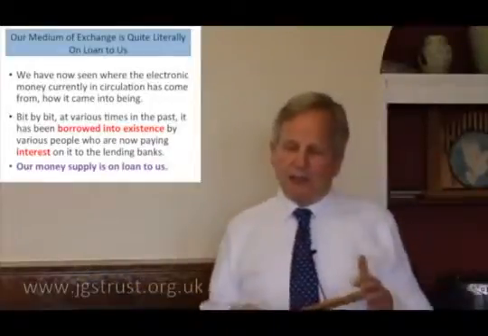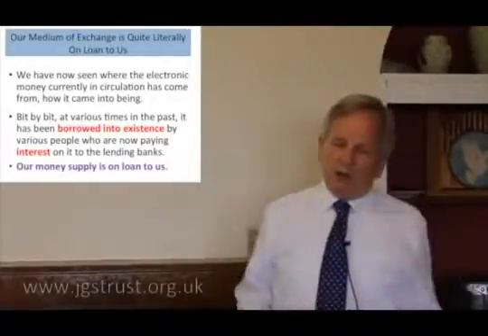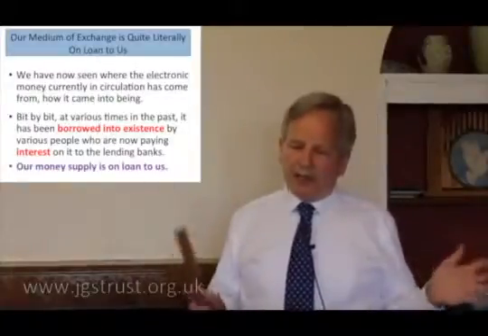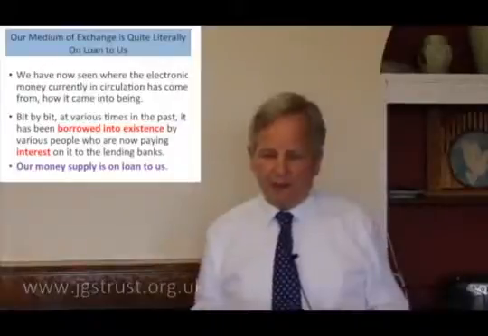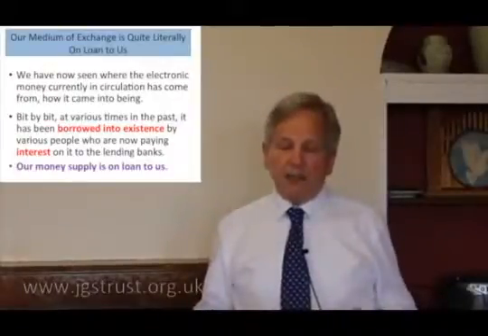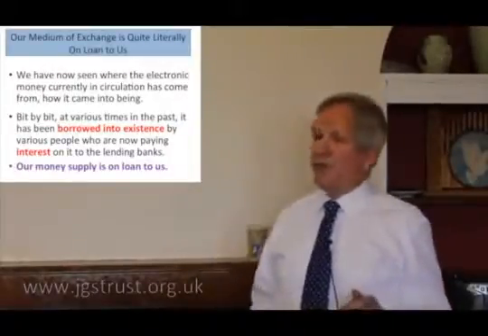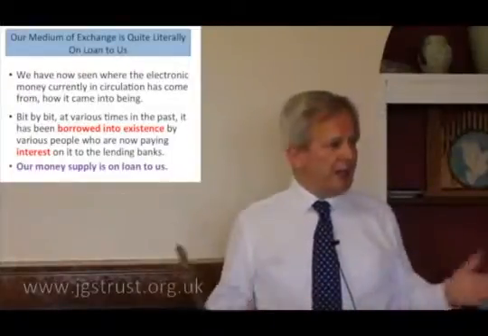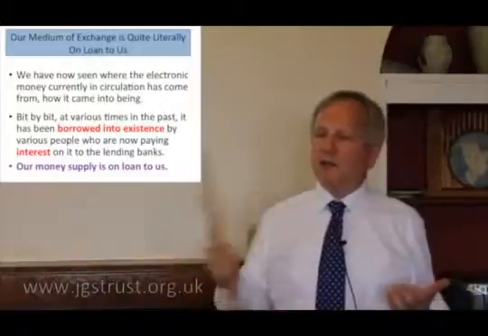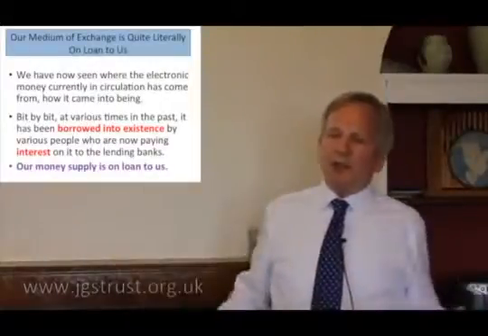So that means that if you think of the whole money supply, or the electronic bulk of it, which is more or less all of it these days, then that money supply, that medium of exchange, is actually on loan to us. It has no permanence. It doesn't go round and round within the community of money users.